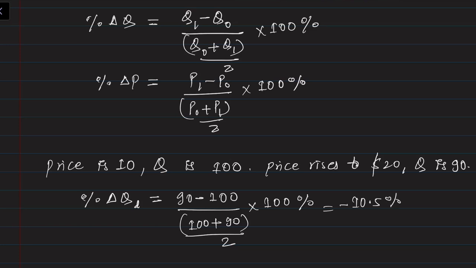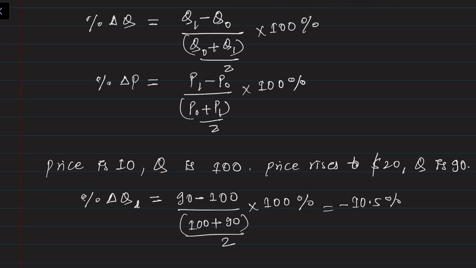Now in the numerator, it doesn't matter whether you do the subtraction of 90 minus 100 or 100 minus 90, because whenever you switch in the numerator of the percentage change in quantity, you have to do the similar switch in the percentage change in price as well.